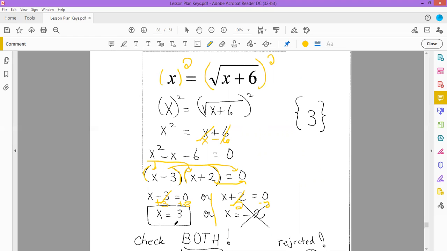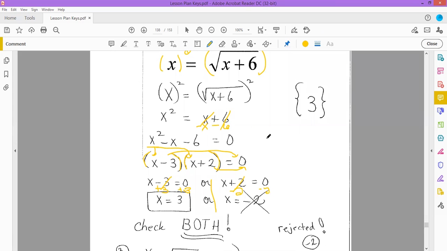Now, x can be 3. If we substitute 3 underneath the square root, we'll get 3 plus 6. That gives us the square root of 9, and that does equal 3. But if we substitute a negative number here, that would not work. If we substitute negative 2 for x, we'll get negative 2 plus 6, which gives us 4.